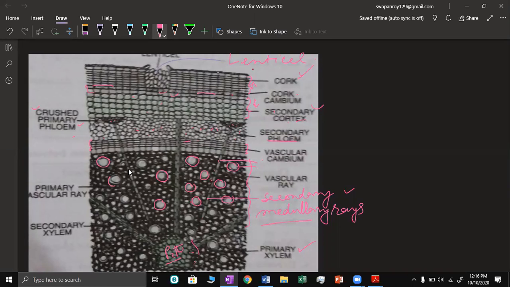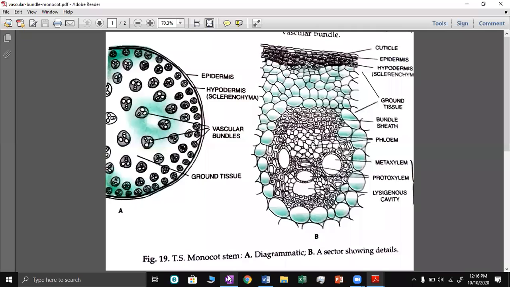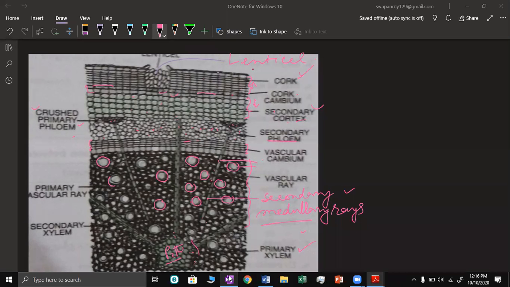And this one, which you can see right from the center going up to the secondary cortex, is the primary medullary rays. So secondary medullary rays and primary medullary rays. So let us come to the next.